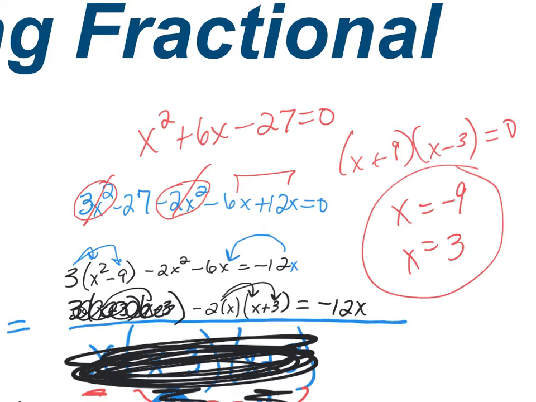But we have to check our answers. When we have anything that involves fractions or square roots, we have to check. Because what can the denominator of a fraction never be? Is it negative? It can be negative. What number can the denominator of a fraction never be?